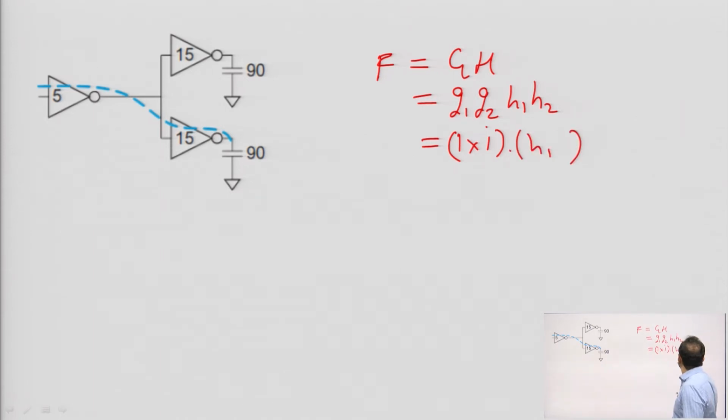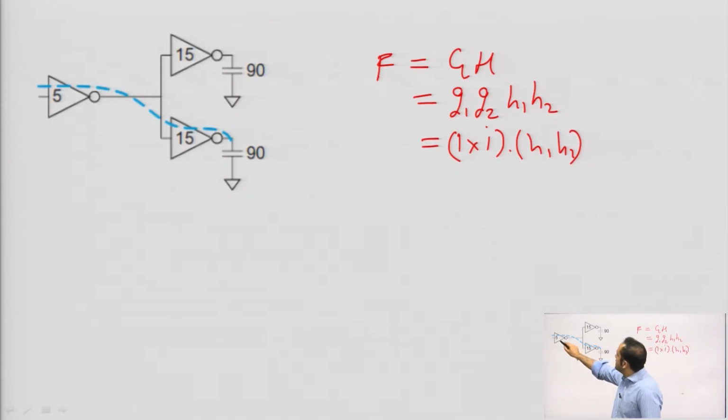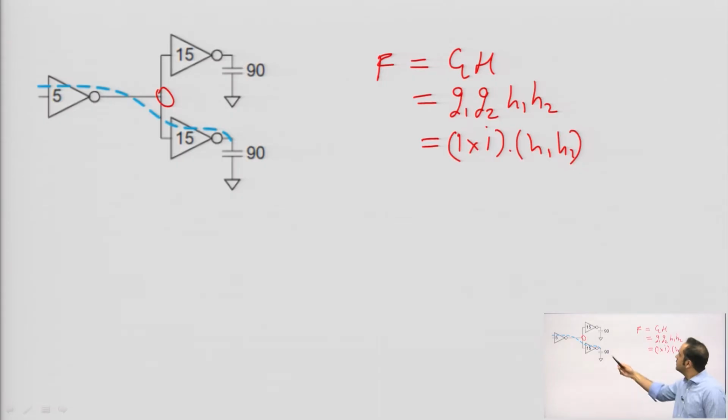What about H1 and H2? Okay. If I look at this input stage, from the point of view of this input stage, it is seeing a branching here. So, it is actually driving this and this. So, the total output capacitance it is seeing is 15 plus 15.